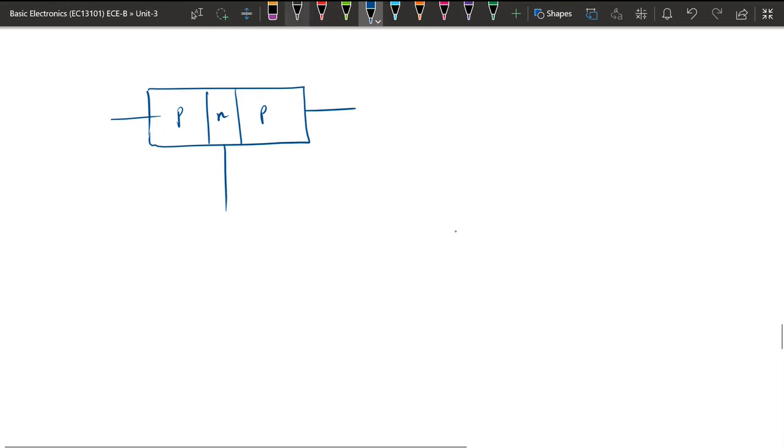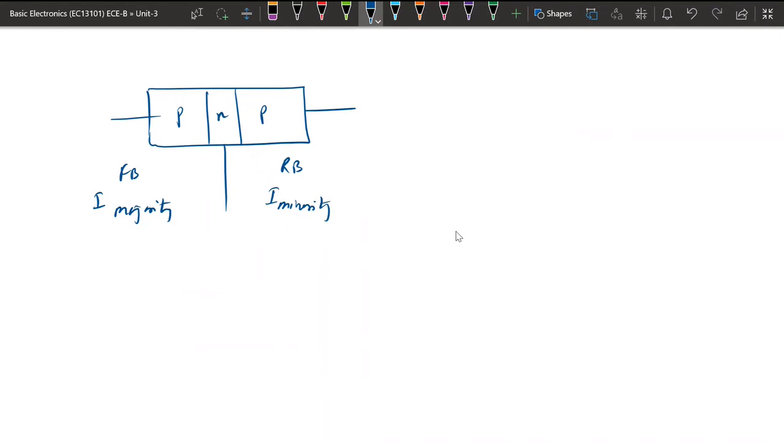Okay, so one of the method is like here we have forward bias and this is reverse bias. So in forward bias, this diode is forward bias, then a majority carriers will be flowing. The current will be because of the majority. In reverse bias case, it will be because of minority.